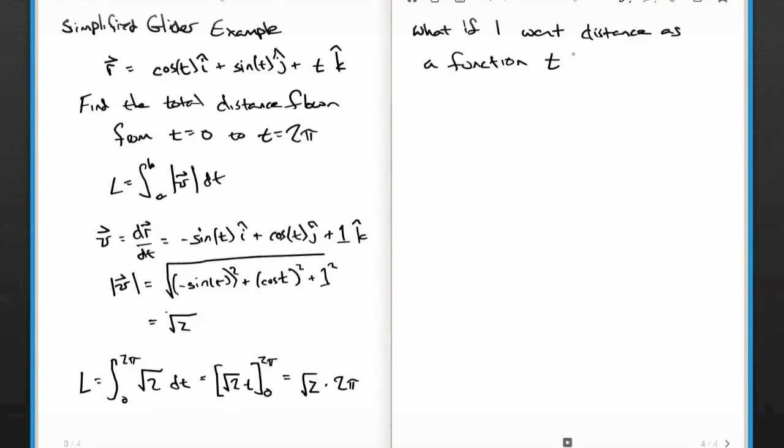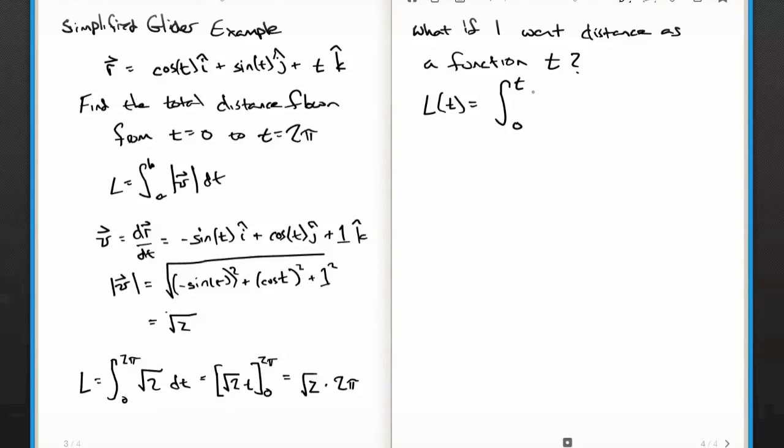I don't want to have to do all this work every time. So let's take a look. I'm going to say that the length of this flight as a function of t equals the integral from 0, but instead of fixing the upper limit at 2 pi or pi over 2 or whatever, I'm just going to go up to t.